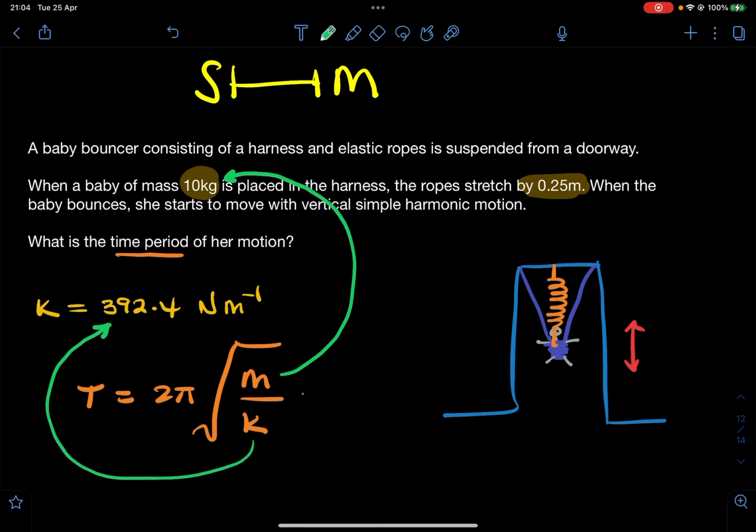So you can substitute those numbers, and that will give you 1 second. So the baby will be going up and down, down and up 1 second. So a frequency of 1 hertz and a time period of 1 second.